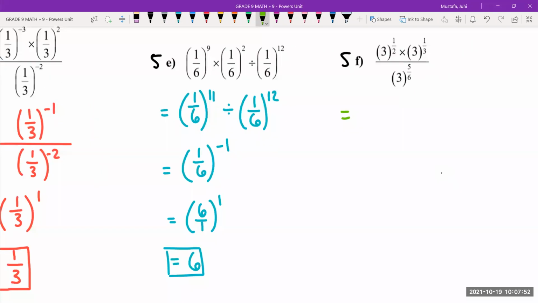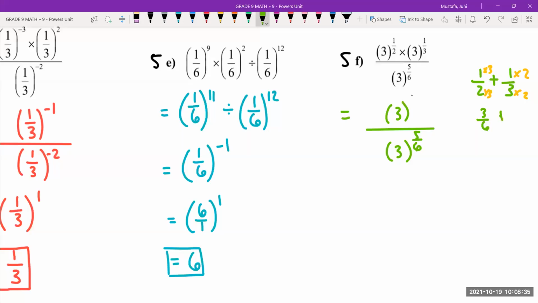I'm going to write that down in the denominator. At the top, add them or subtract them. On the sheet of paper on the side, I'm going to add up these exponents. And then this is going to give me 3/6 plus 2/6, which is going to give me 5/6.